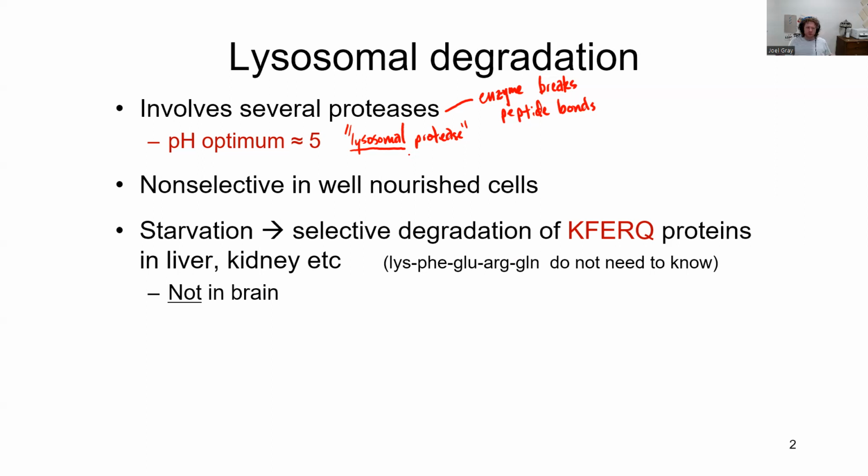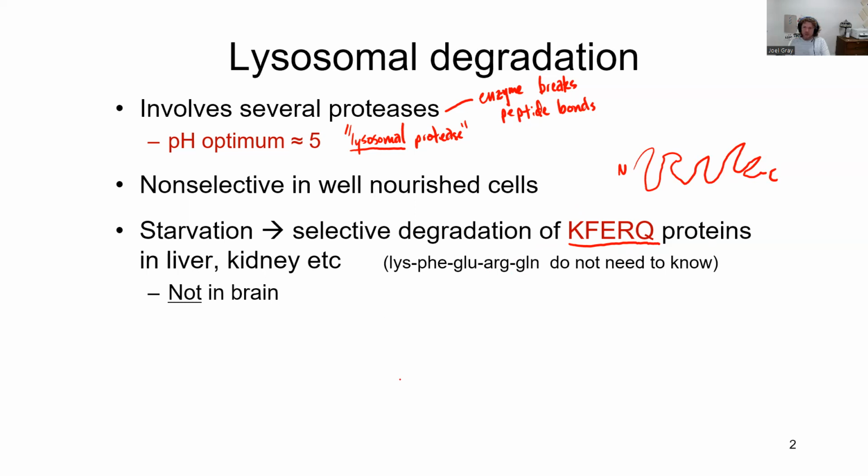What are the easiest things to degrade? And under starved conditions, lysosomal proteases are going to look at proteins that have a KFERQ polypeptide found within them. So if we take, here's our N termini all the way to our C termini, here's our polypeptide.